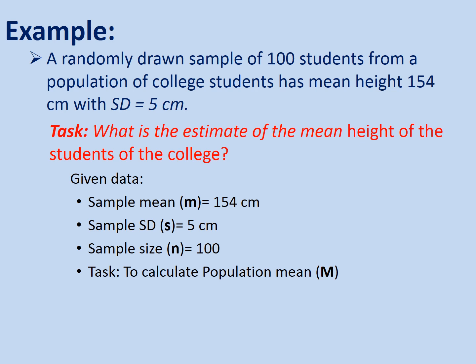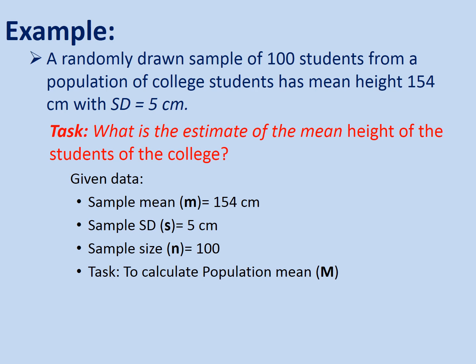So read the question again carefully. Here they have given the sample size, equal to 100. Second, they have given the sample mean, small m, equal to 154 centimeters. Third, they have given the standard deviation of the sample of 100 students, equal to 5 centimeters.